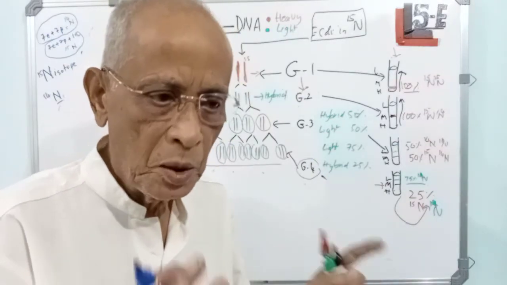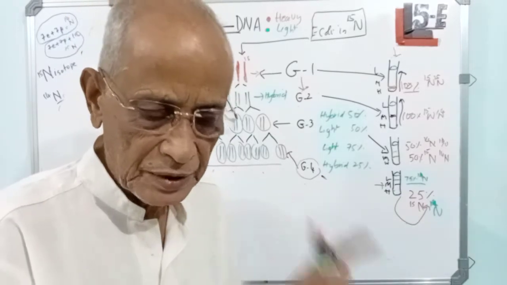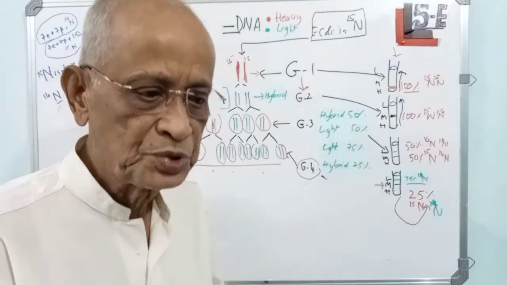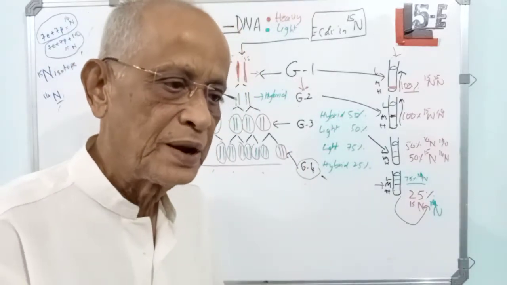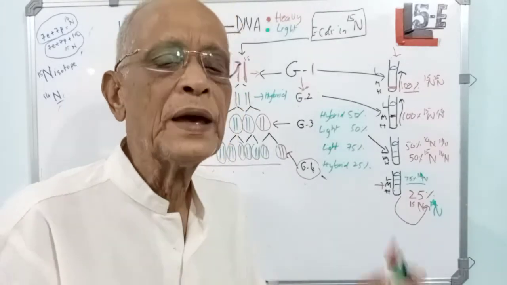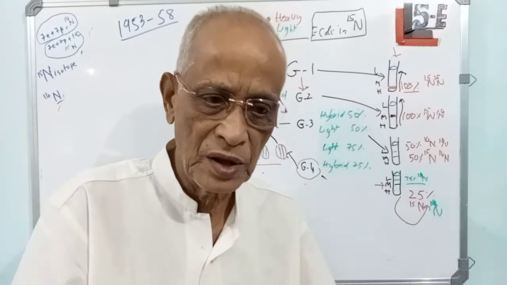That was known by the work of many scientists, including Watson and Crick, Griffith, Hershey and Chase. All these people proved clearly that DNA is the material that is going to be transferred from one organism to another organism.